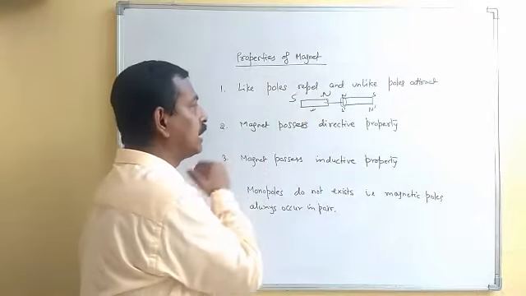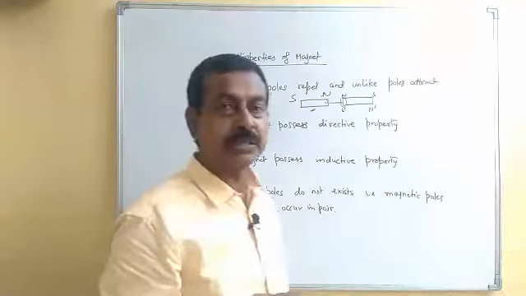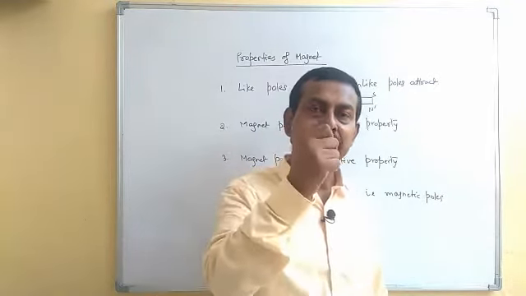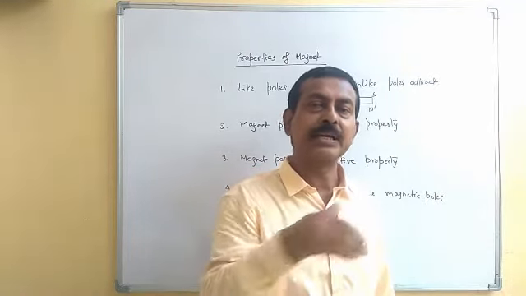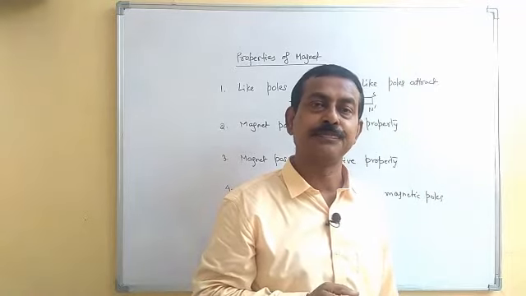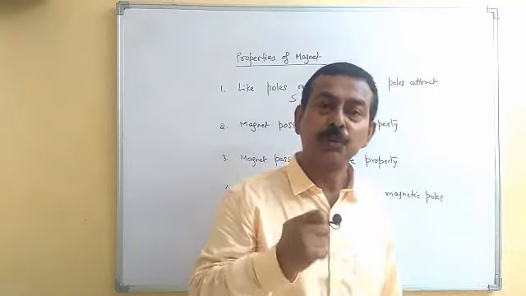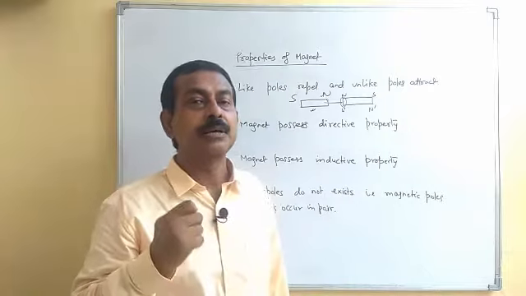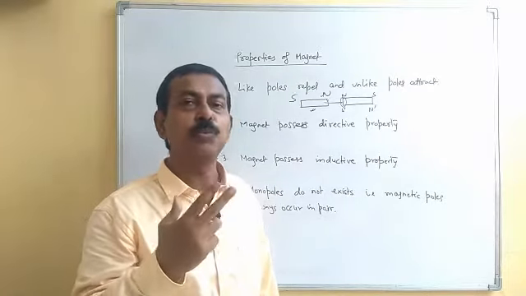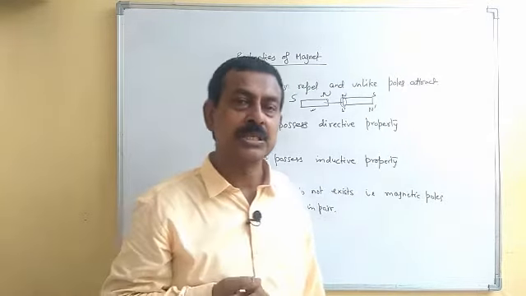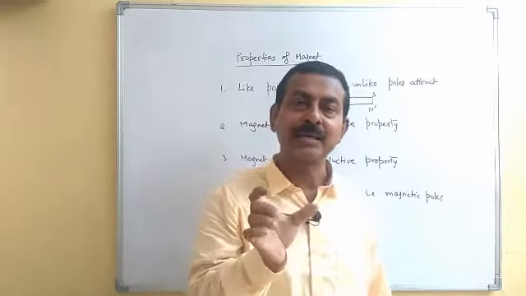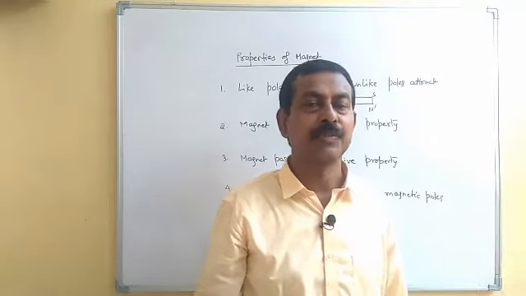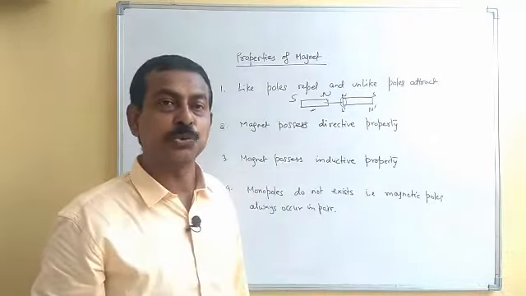Another point is that a magnet possesses directive property. If you take a magnet and suspend it freely, it will get aligned in the north-south direction. So suppose it is asked that you have been given two identical iron pieces, one is a magnet and the other is a simple iron piece, how will you distinguish between the two?